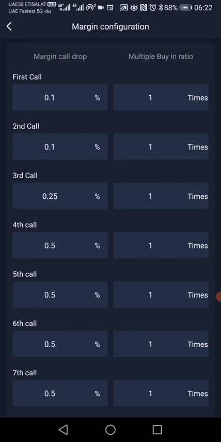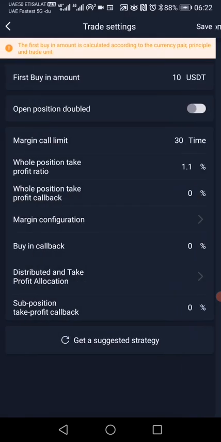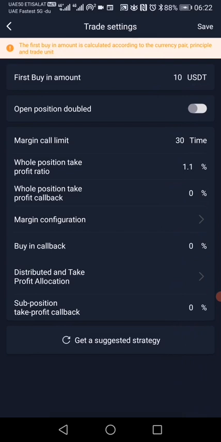So this is the first call. The first call to the 4th call are categorized under one whole position. The whole position take profit ratio of 1.1 that I set here is applicable to 1, 2, 3, 4, meaning that the robot will not close that particular position until the 4th is achieved.